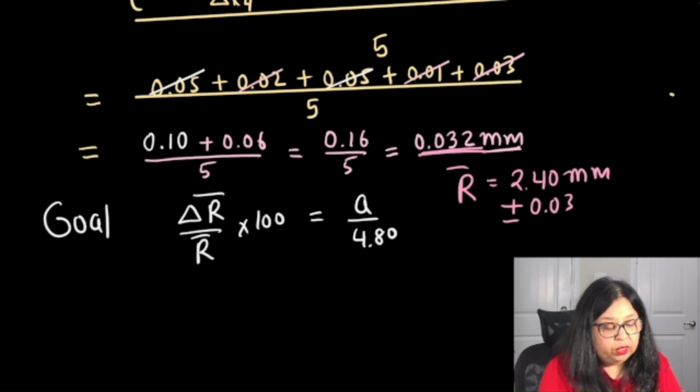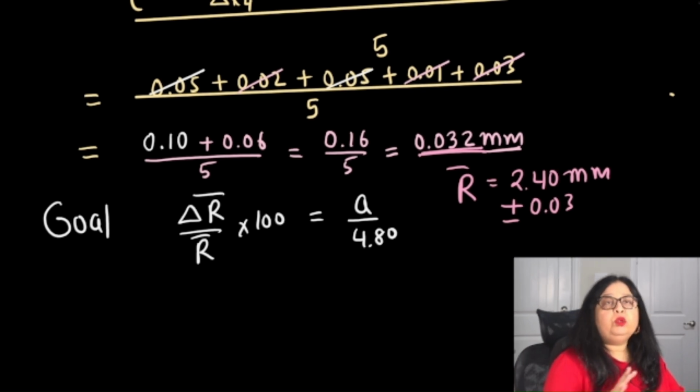However, whenever we are doing calculations, we want to keep as many digits as we can for as long as we can, that is until we reach the end. By doing so, we are going to neither underestimate nor overestimate the error. We're going to keep the error more optimum.